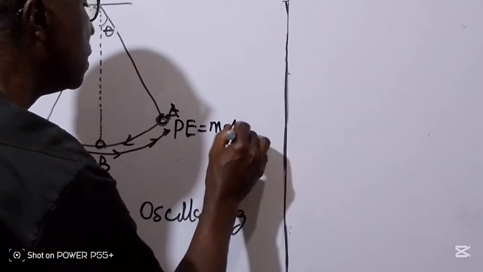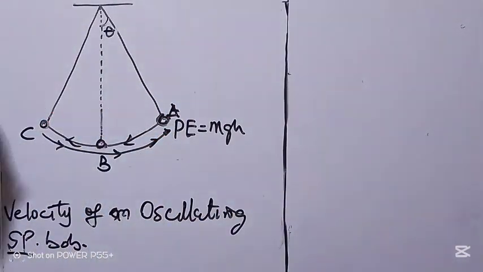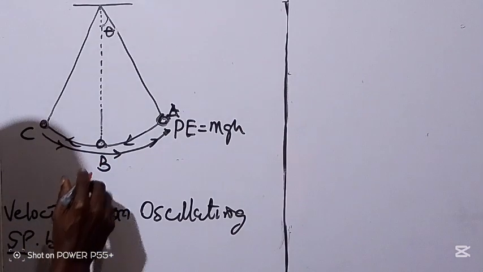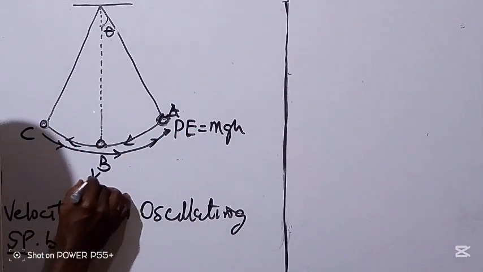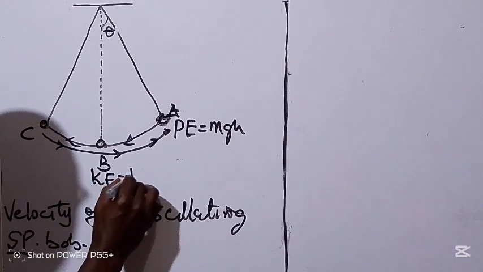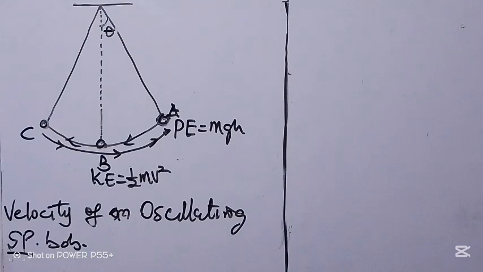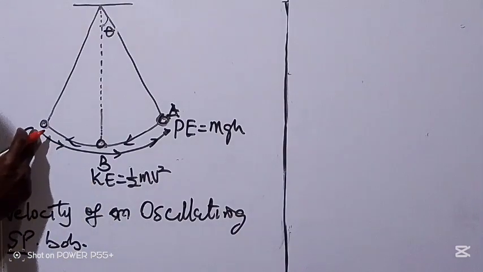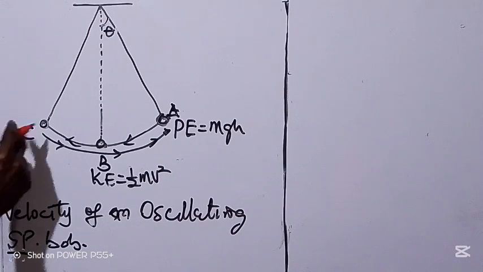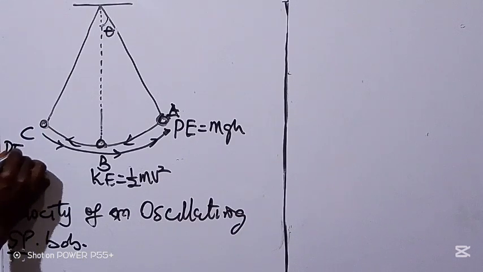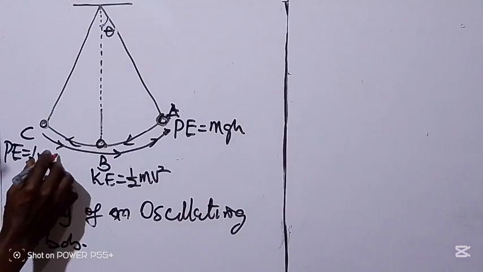As it oscillates through the equilibrium position, when it gets to this place, the potential energy will be converted to kinetic energy, that is KE, which will be equal to half mv squared at this point B. When it moves to the extreme point, the kinetic energy here will be converted to PE again, that is mgh.